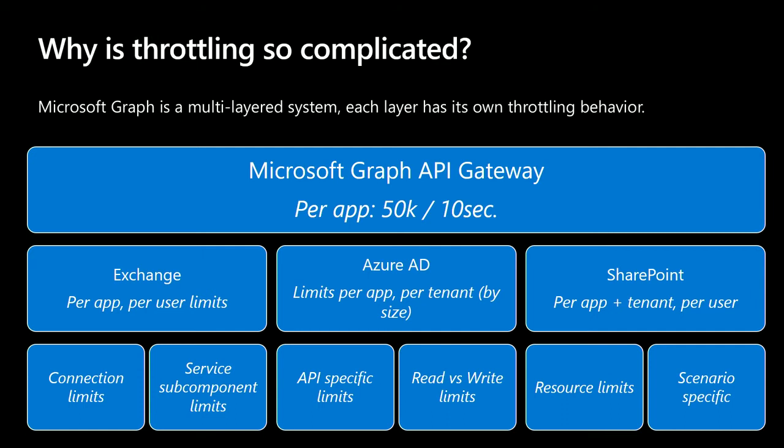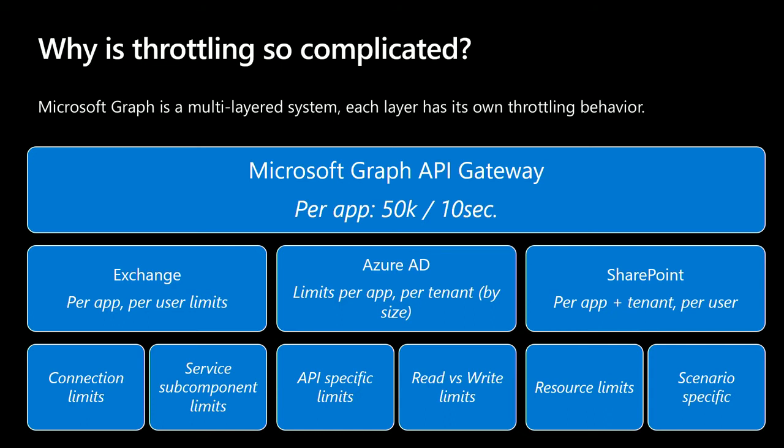Typically, as your call traverses into, let's say, Exchange, you'll start experiencing Exchange's throttling behavior. Exchange has some specific connection limits, for example, that you cannot have more than a certain number of concurrent connections to a mailbox. That's unique to Exchange.